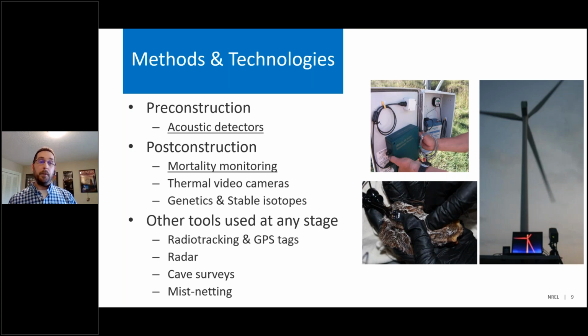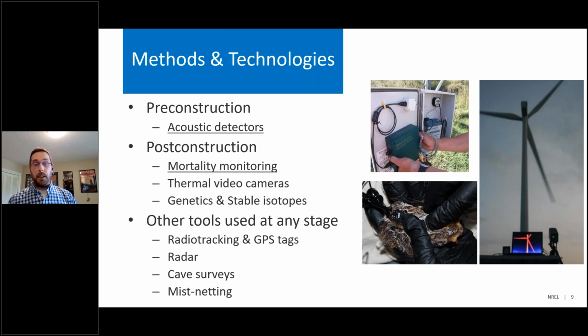And we can use thermal video cameras or acoustic detectors to get more precise information on when bats are interacting with wind turbines. Also, when recovering carcasses during mortality studies, you can collect tissue samples and run additional analyses to help answer questions about how bats are moving across the landscape and broad patterns, or look at genetic type questions.